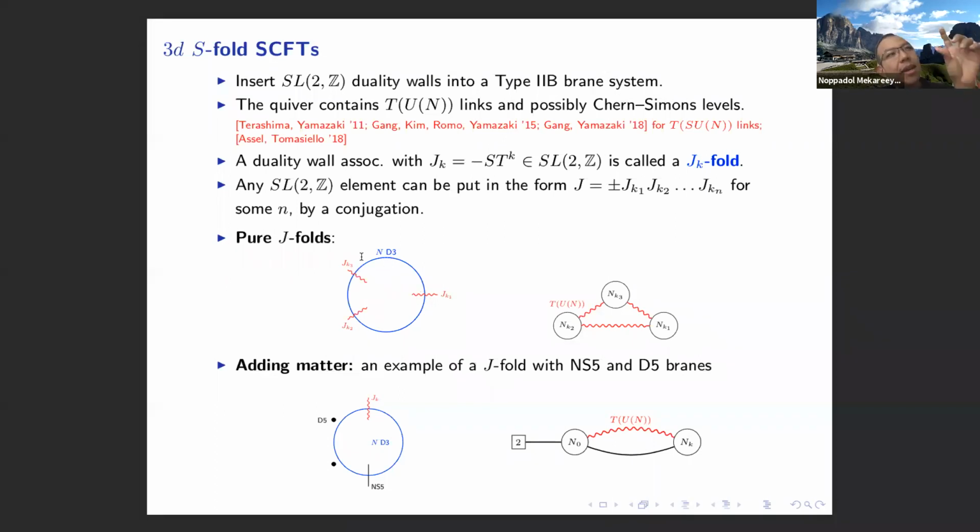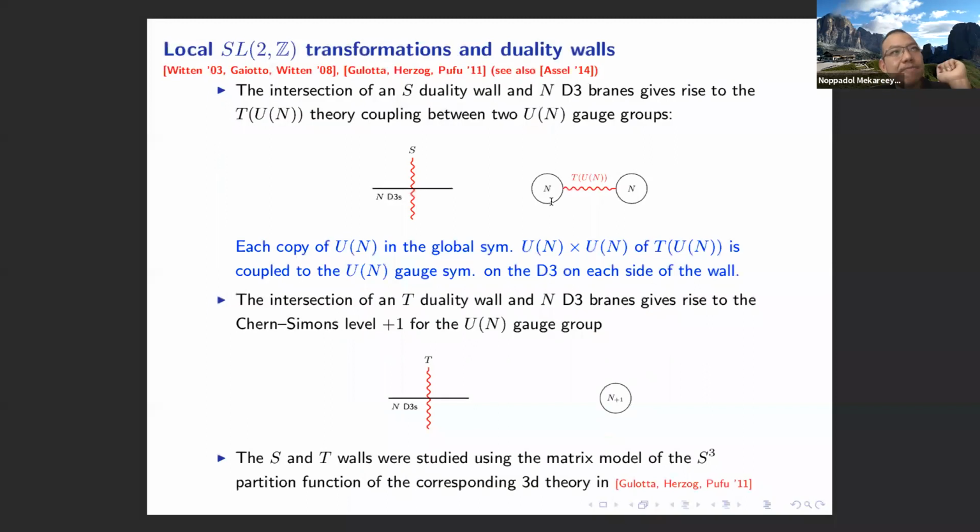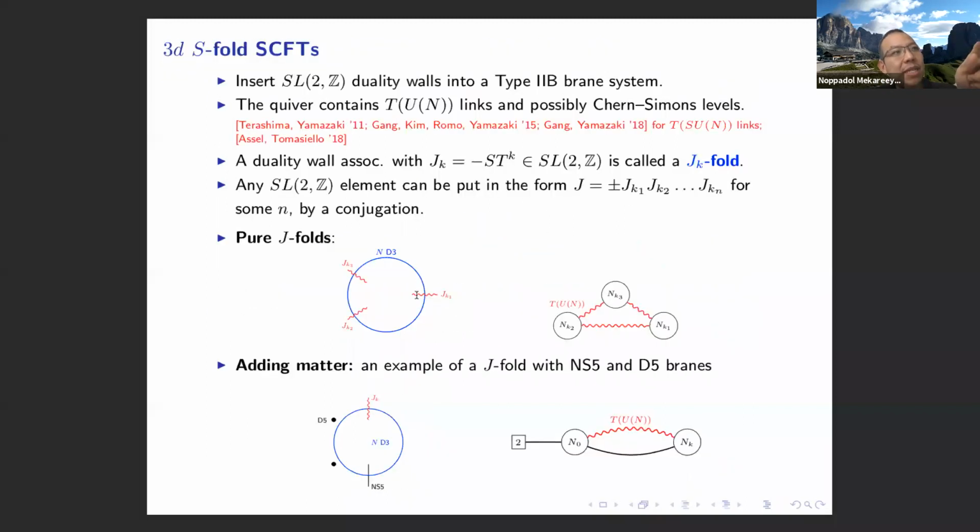So basically, you can see that according to these slides, you introduce an object which comes from the contribution of this wall. In this case, if you introduce 3 walls like this, you will have 3 U(N) gauge groups. You read it almost like in a brane picture, in a Hanany-Witten setup. So there are 3 U(N), but now you have to take into account this J_k action.